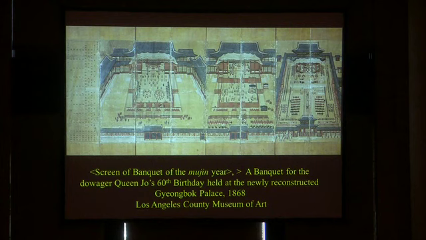A lot of tax. So this was the first banquet that took place at the newly rebuilt Gyeongbok Palace. So first in the Kunjeongjeon, this is the main throne hall.